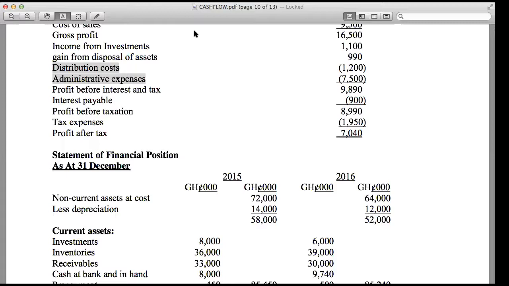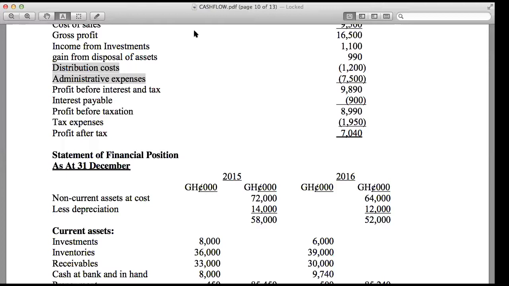Depreciation, impairment, we will examine them last. So first we say depreciation. What is the depreciation charge? We have to subtract it, yes, because it has been added.